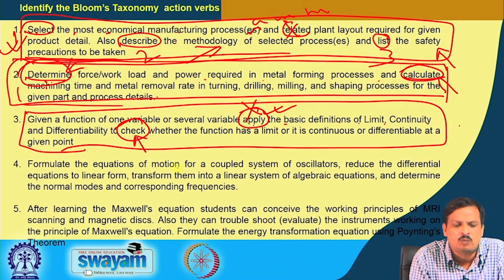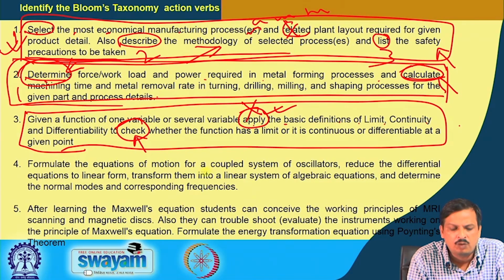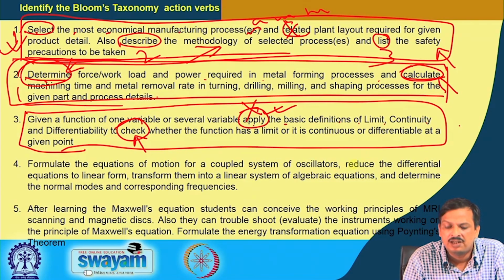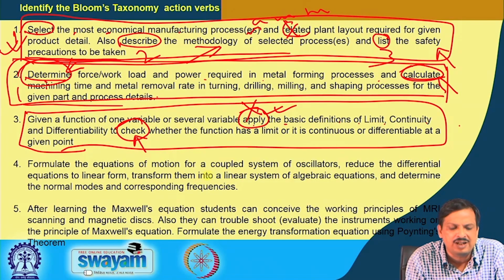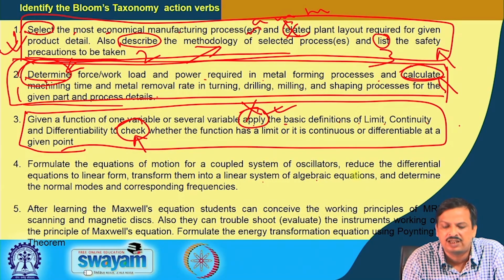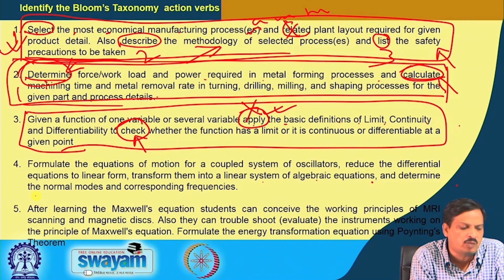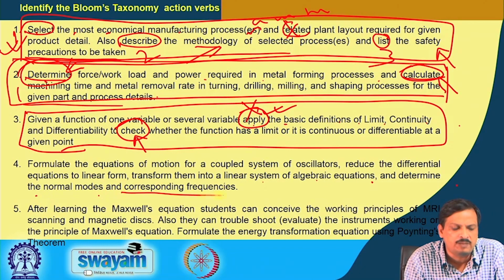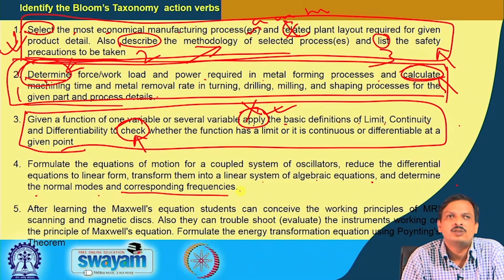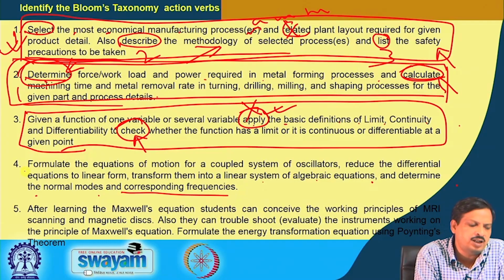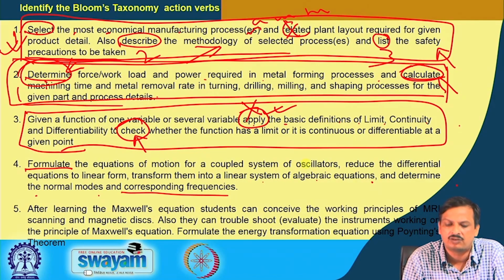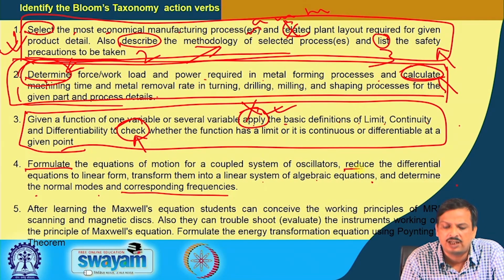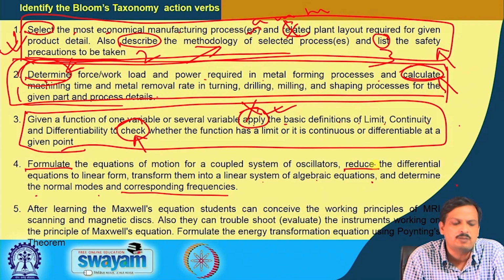Formulate the equation of motion for a coupled system of oscillators, reduce the differential equation to a linear form, transform them into a linear system or algebraic equation and determine the normal modes and corresponding frequency. So, what are the action verbs? First one is formulate the equation of motion for a coupled system of oscillators. Second one is reduce the differential equation to linear form.